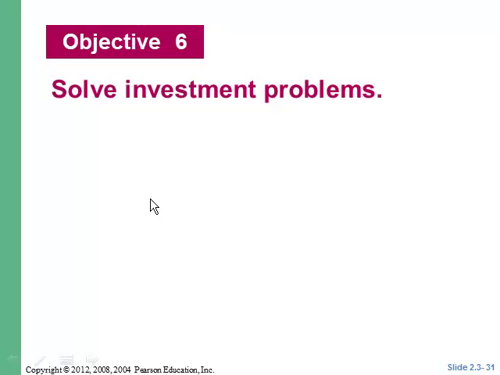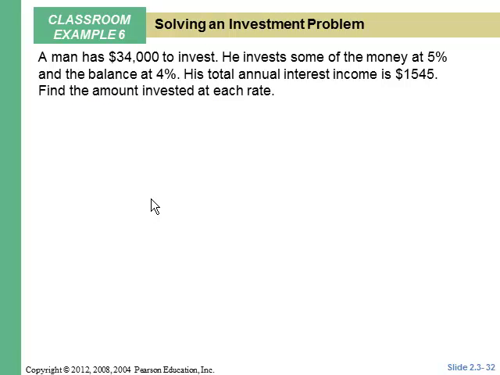All right, let's try investment problems. Investments use the formula interest equals principal times rate times time. A man has $34,000 to invest. He invests some of the money at 5% and the balance at 4%. His total annual interest income is $1,545.